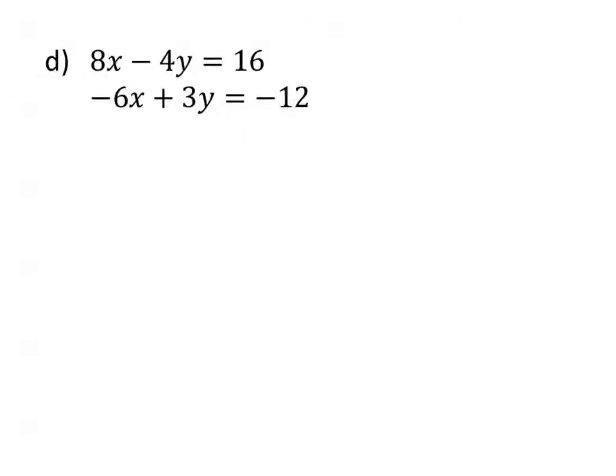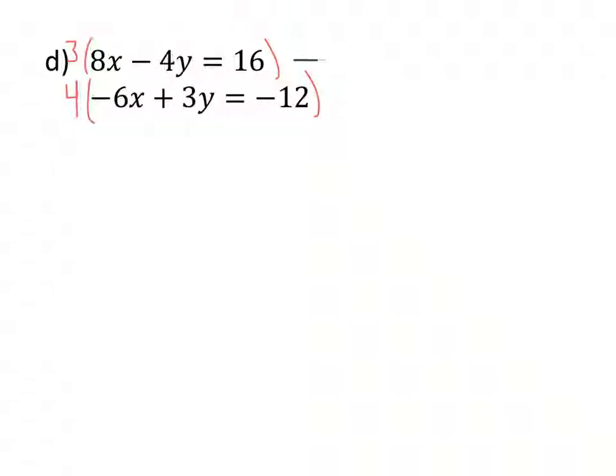So if I'm looking at 4 and 3, the least common multiple is 12. So I'm going to make those both 12. I'm going to make the first equation -12 and the second +12. So to make -4 become -12, I'm going to multiply it by 3. And to make this +3y become a +12y, I'm going to multiply by 4.